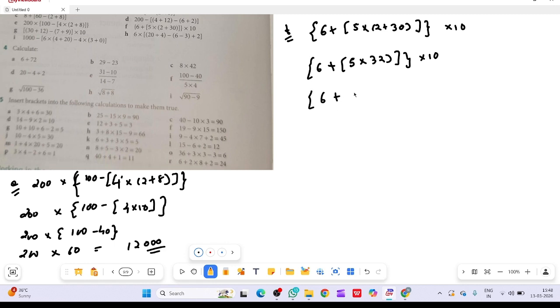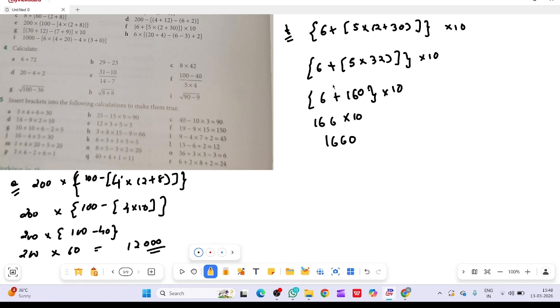So 6 plus 32 into 5, 160 into 10. So 166 into 10. So it's 1660. Remember, you have to do these sums like this only.